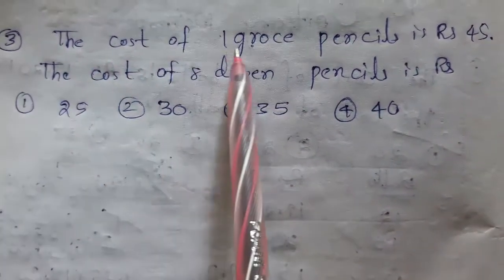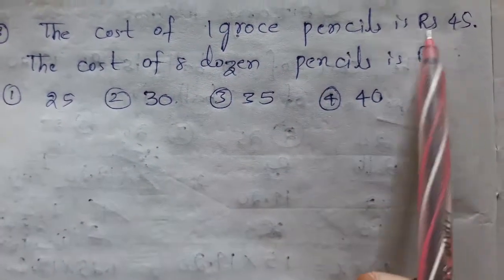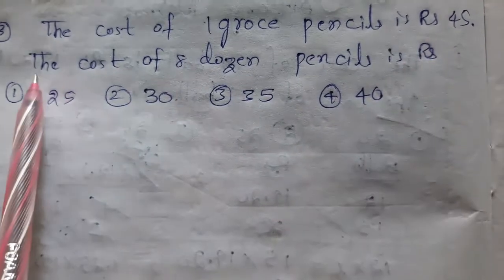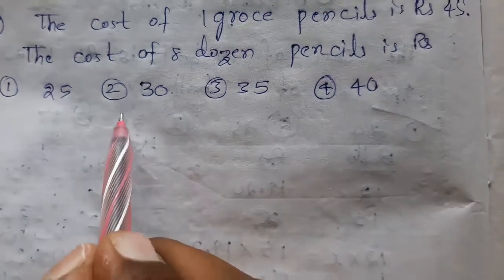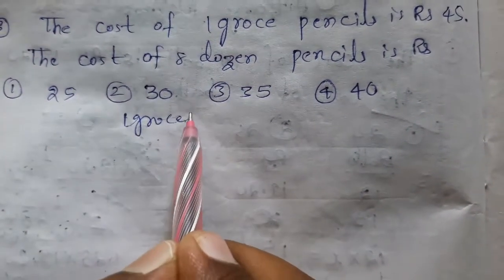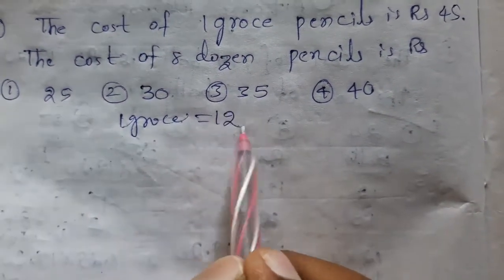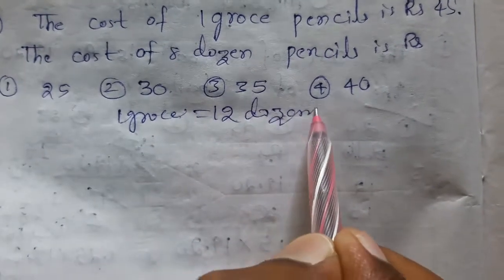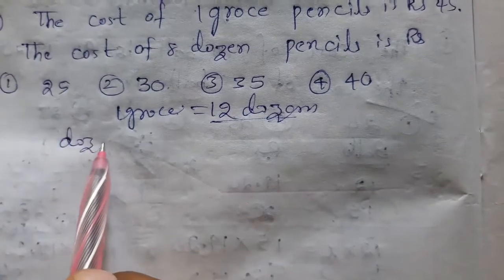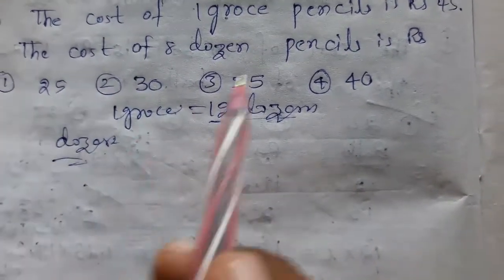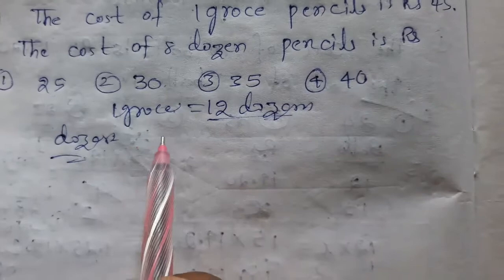See here, the cost of one gross of pencils is 45 rupees. The cost of 8 dozen pencils is, remember, one gross, we already know one gross means 12 dozens. Remember, that's it. So now take the dozens, and what is given?